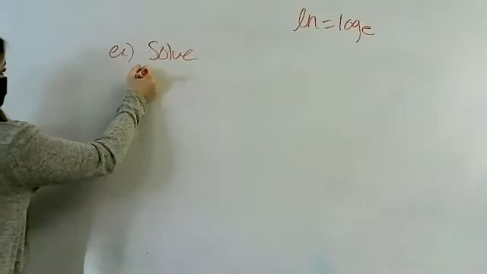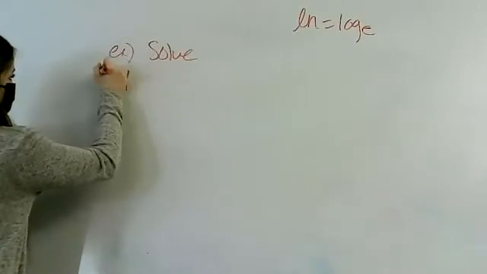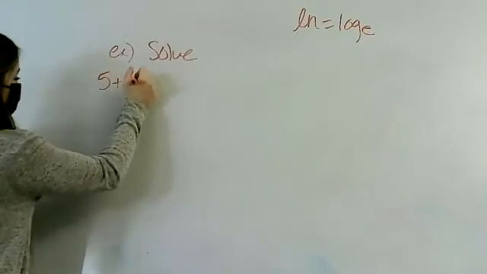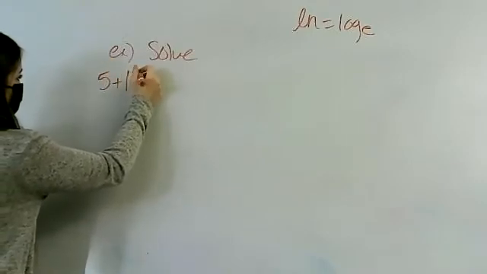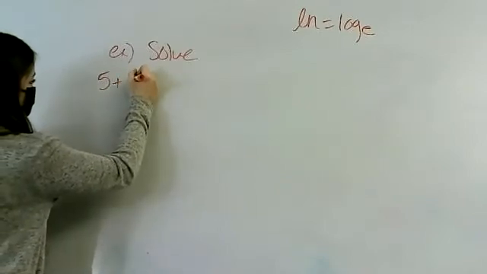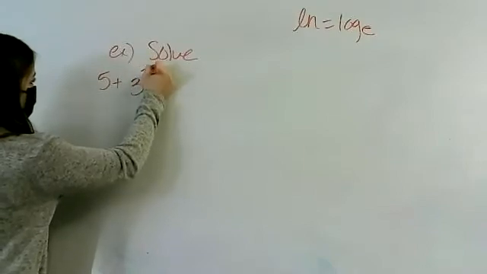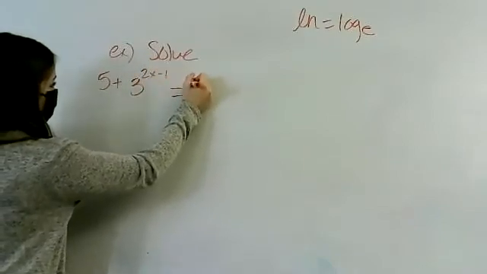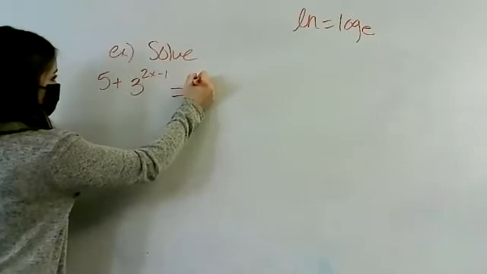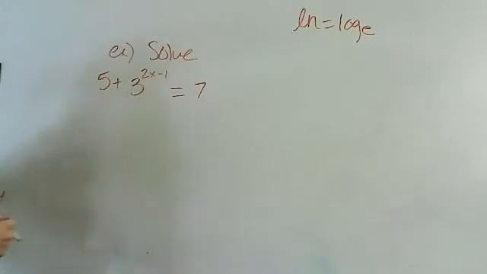Let's do 5 plus 3 to the 2x minus 1 equals 7.